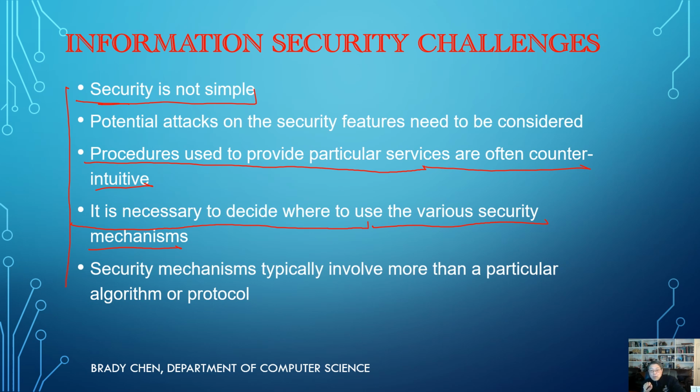For the physical placement, for example, at what points in the network are certain security mechanisms needed? And in the logical sense, we think about at what layer or layers of the architecture a security mechanism is needed.